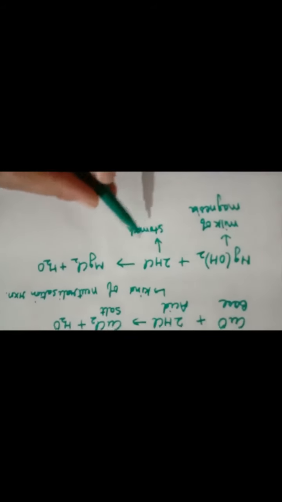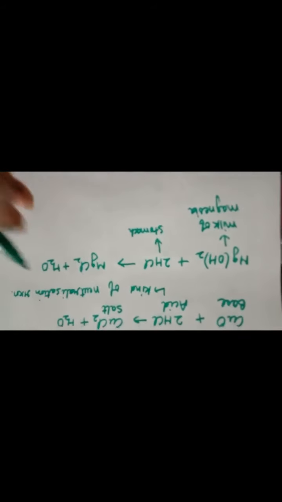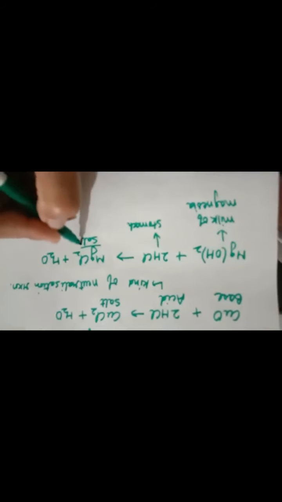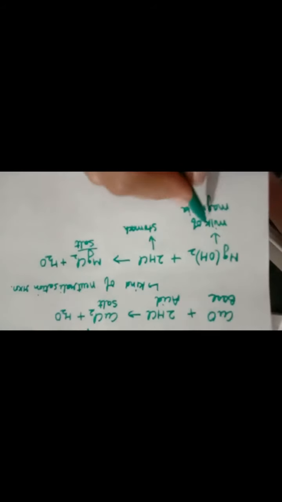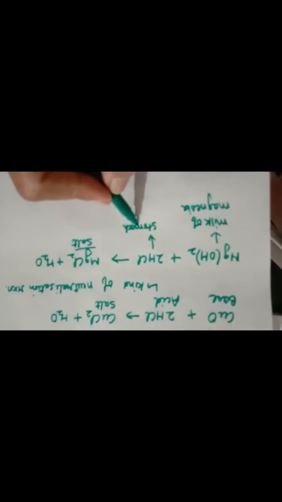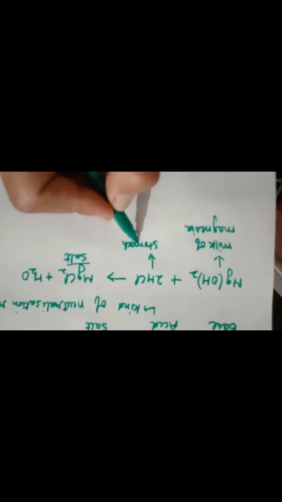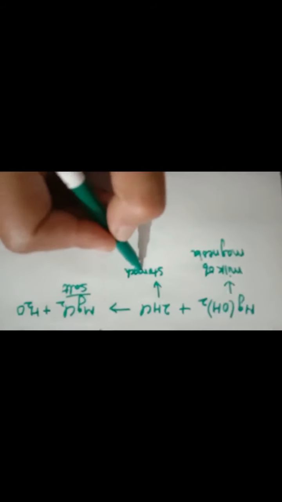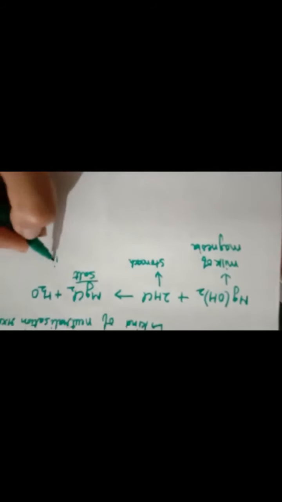So if we have any problem of indigestion, then we can take milk of magnesia that is present in the form of medicines around us. So milk of magnesia reacts with acid present in our stomach to produce a salt. So this milk of magnesia neutralizes the effect of this acid, so we can relieve ourselves from the problem of indigestion.